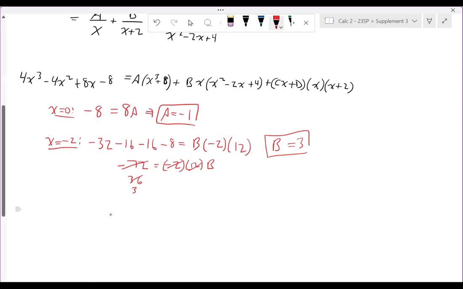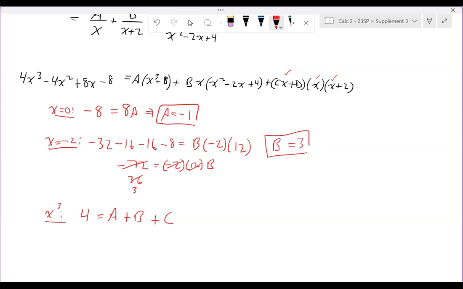Okay, so we have a and b, we need to find c and d. Let's match up our cubic coefficients. So on the left side, we have 4. On the right side, we have ax cubed, so a, plus bx cubed from the b term, plus, we note that for cx plus d times x plus 2, the only way to get a cubic is to multiply those 3 together, so we get a cx cubed.